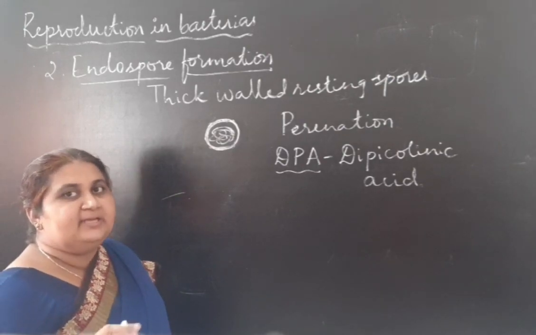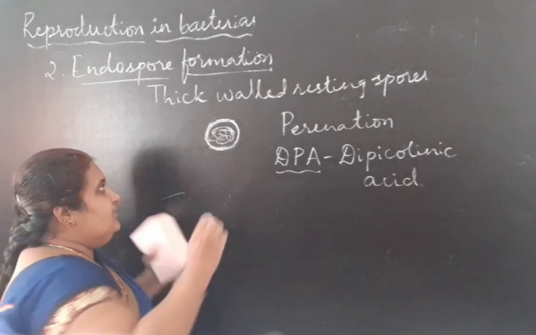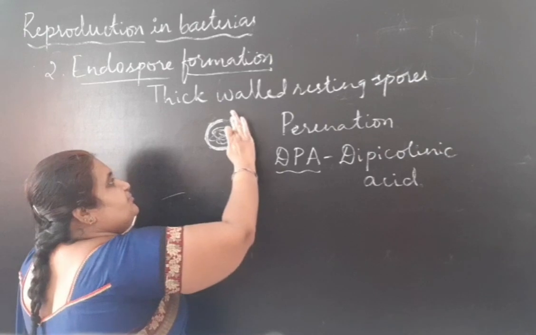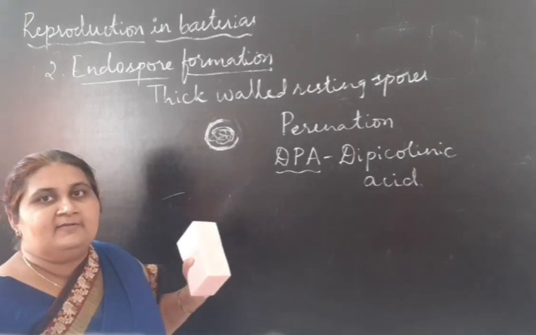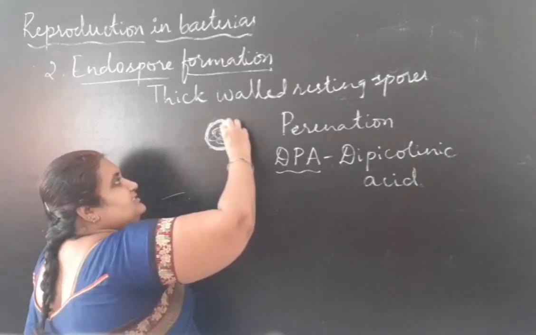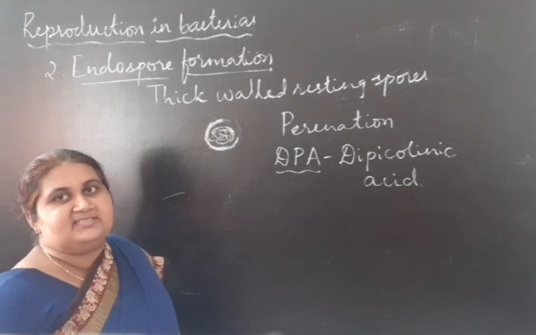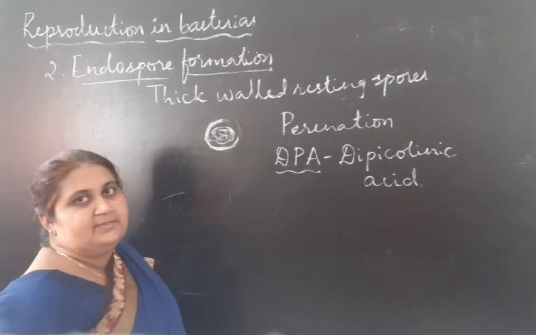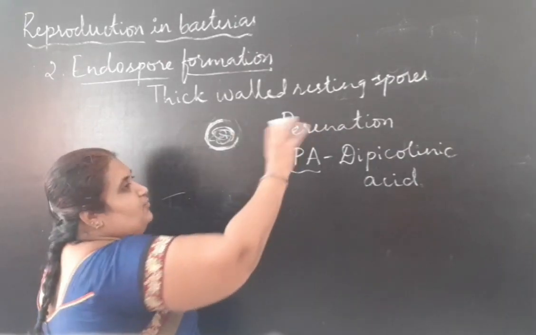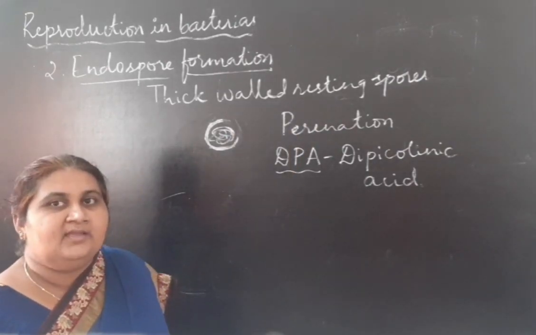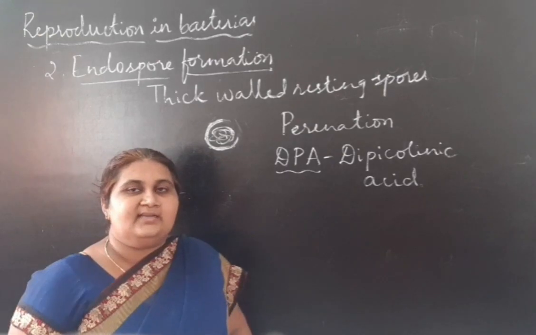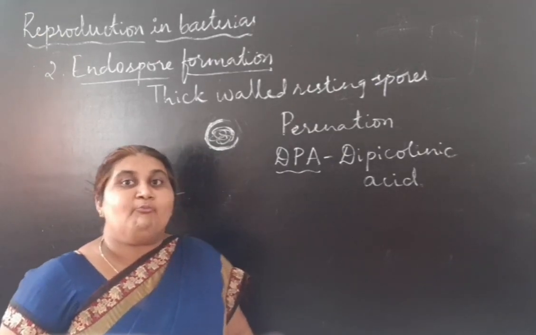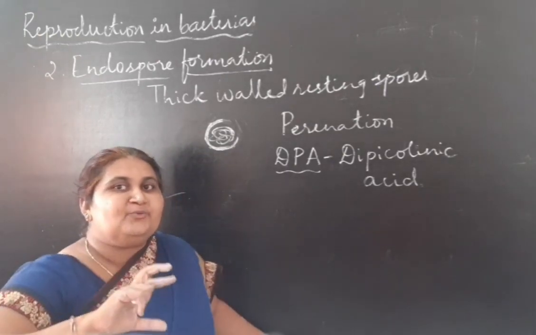As it absorbs water, the spore wall breaks open and the living substance, the genetic material and protoplasm, comes out and forms a new bacterial cell.